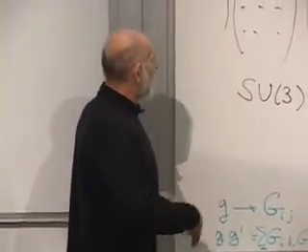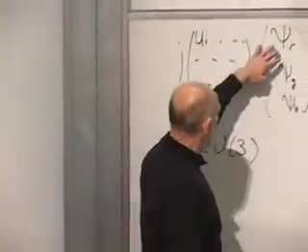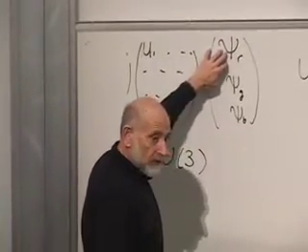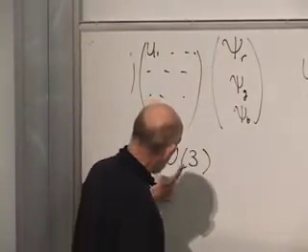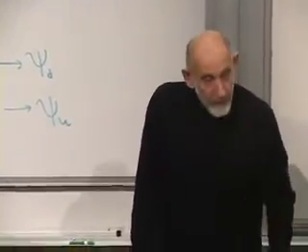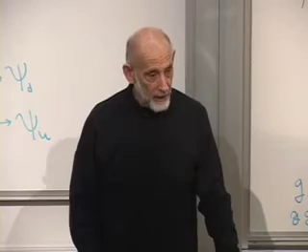So the rule is every possible term in the Lagrangian of quantum chromodynamics, of quark physics, should be invariant under this group here. We'll come back and start to talk about how you construct quantum chromodynamics a little bit.